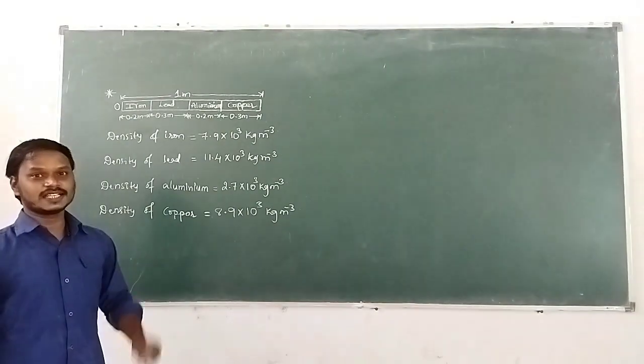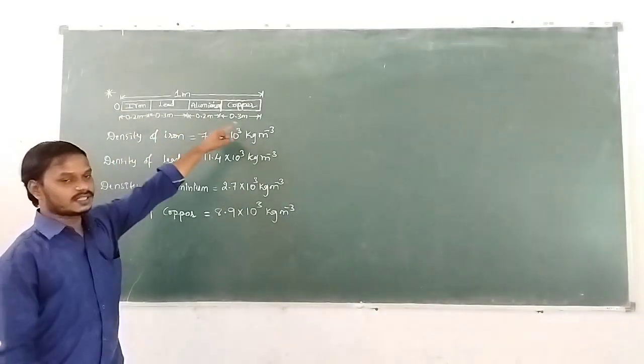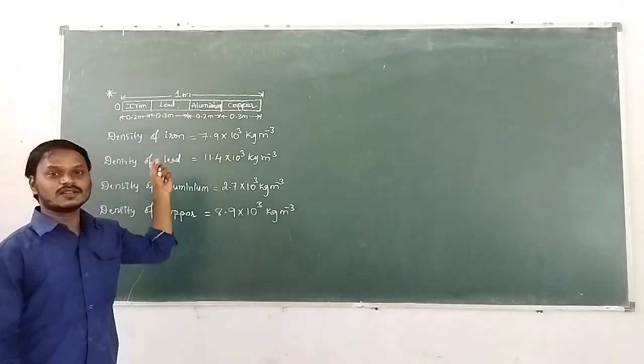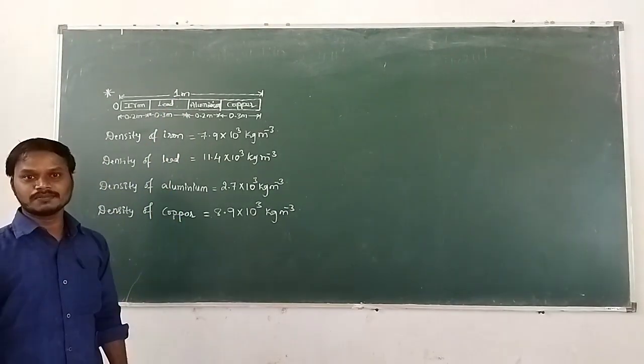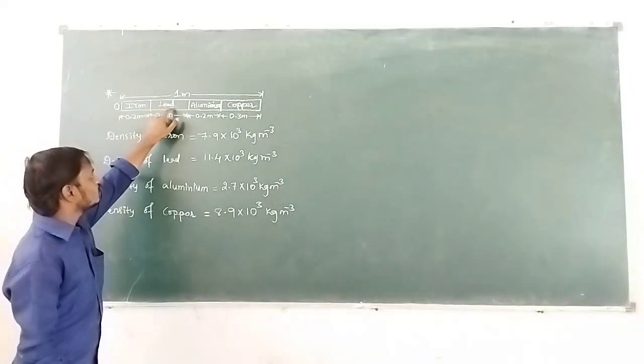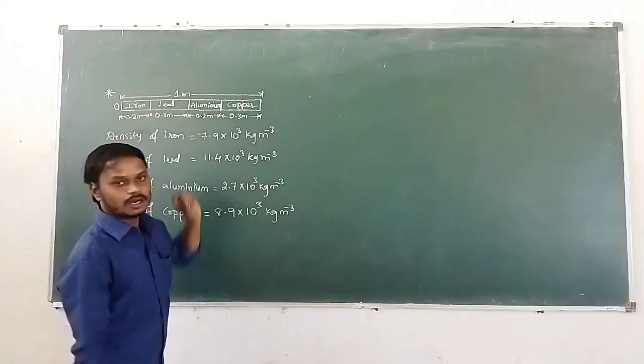Here in the given example, a long rod is given and the length of the long rod is 1 meter. And this long rod is made of 4 different materials: iron, lead, aluminium and copper.